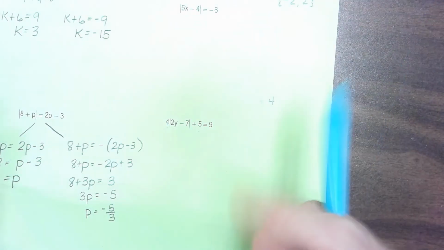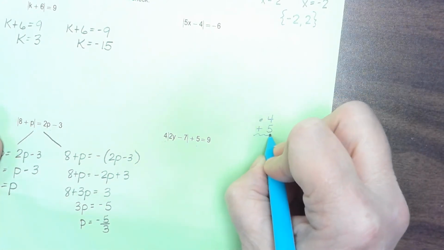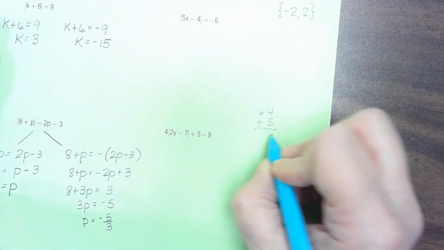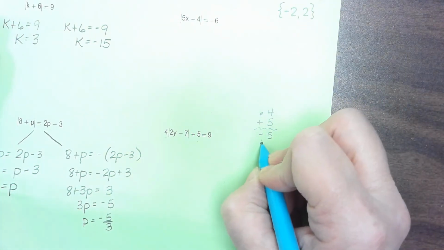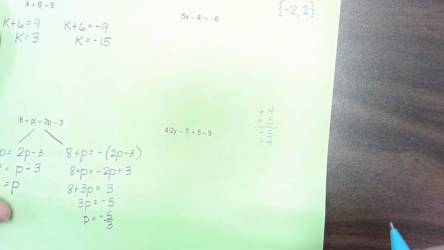Multiplied by 4 and then adding 5. We're going to undo that in reverse. So the first thing we're going to do is subtract 5, then divide by 4. So there's our steps to get ready to solve the absolute value.